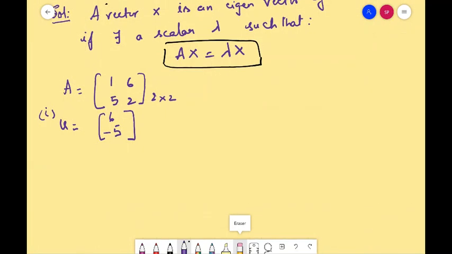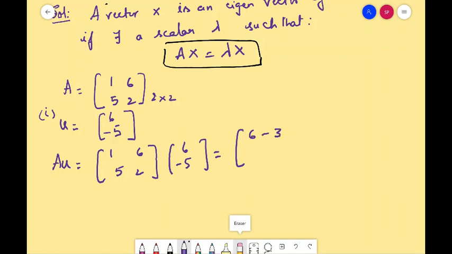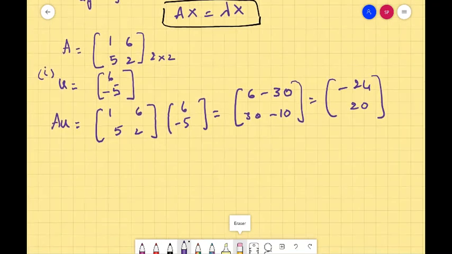Now let us check what A into u is equal to. [1 6; 5 2] into [6, -5] is [6 - 30, 30 - 10], which is equal to [-24, 20], and these two are multiples of 4.